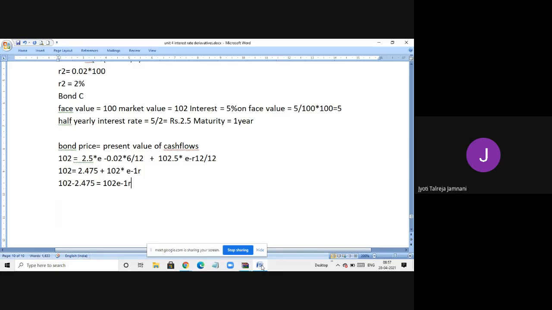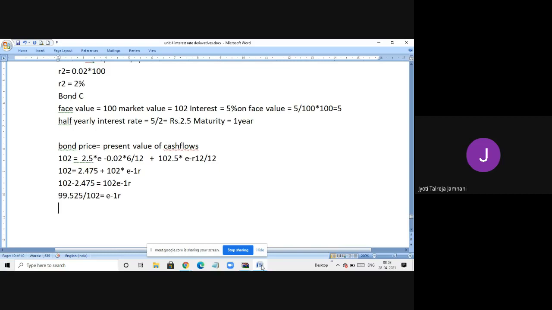So 102 minus 2.475 is 99.525, divided by 102, which is equal to e raised to minus 1r. Since 102 is multiplication on this side, it becomes division.